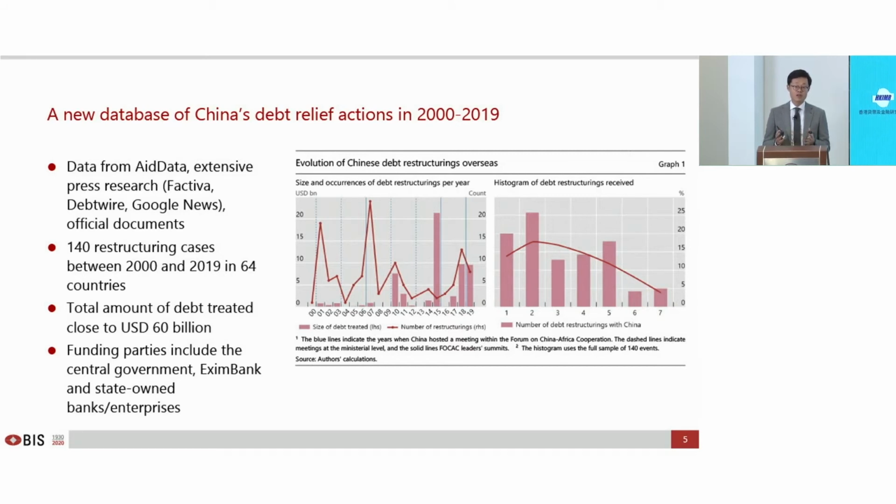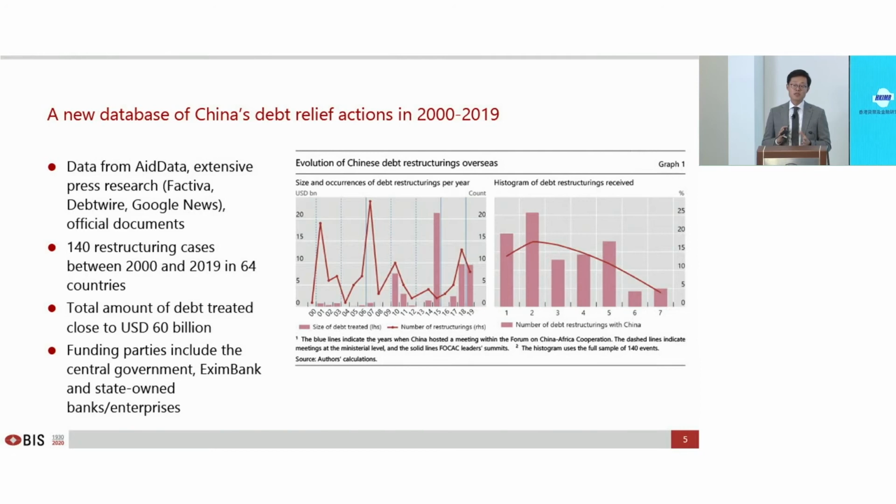Whenever there is a meeting, especially a summit that gathered the Chinese top leadership and African country leadership, you can see that the number of restructurings increased. We also see that the size of debt treated has been increasing over time, especially in the second part of the second decade after 2000. So the number is increasing over time.